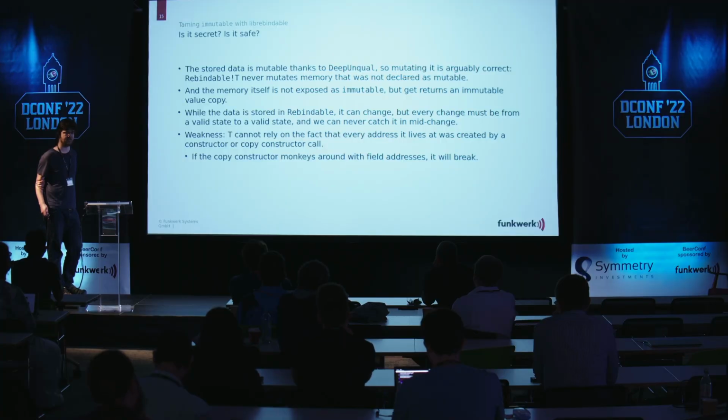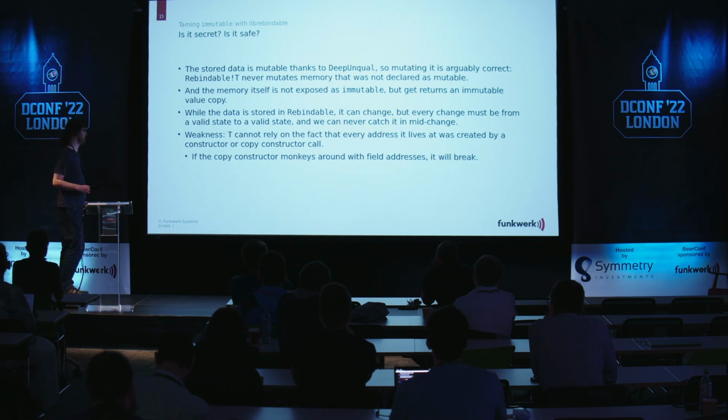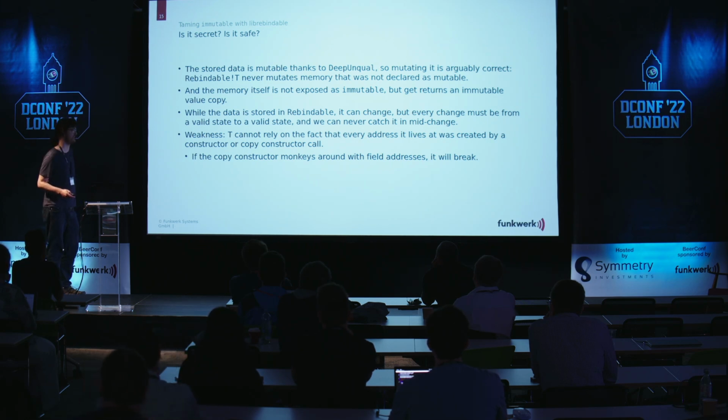The address that the value that gets returned from get lives at is a different address than the value that you put in. So your pointers will immediately be out of date. So that's an issue, but we don't use any of those things, so it's not an issue for us. Anyway, I think those cases are kind of rare, and I'll talk about proper solutions later.